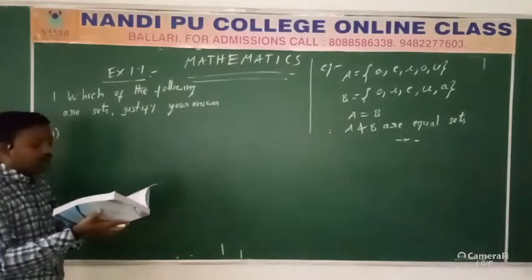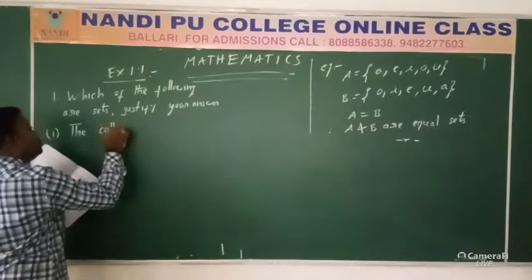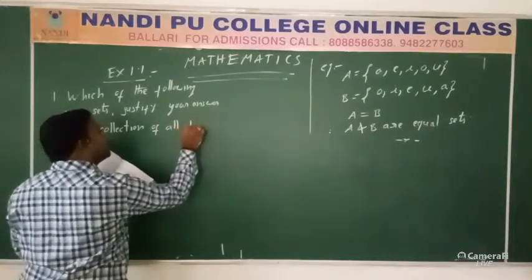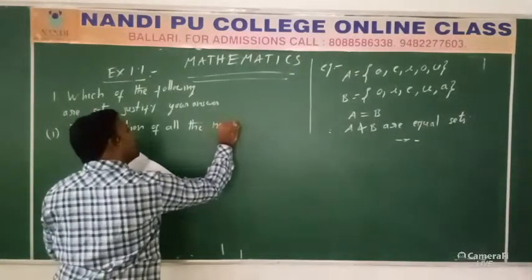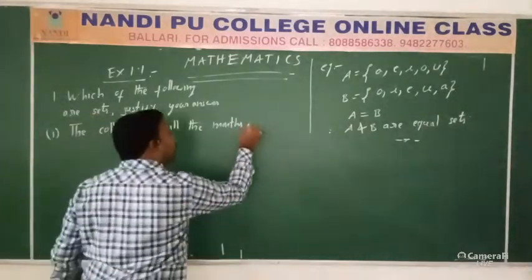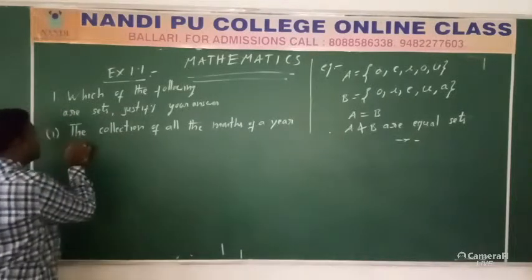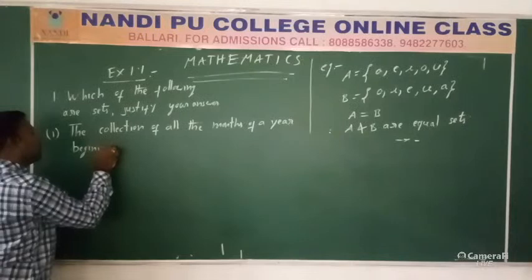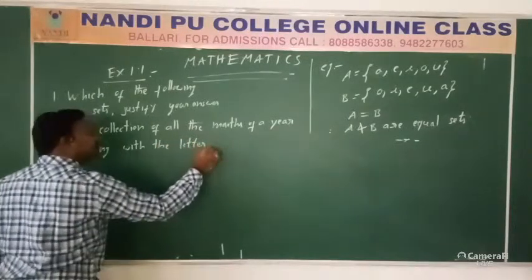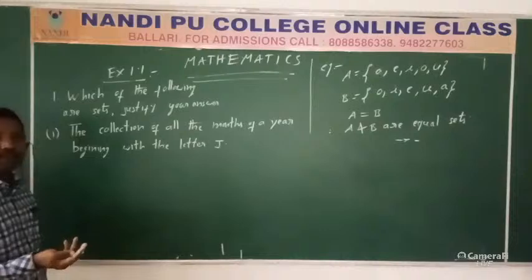First one, the collection of all the months of a year beginning with the letter J. Whomever you ask, they will tell the same answer.